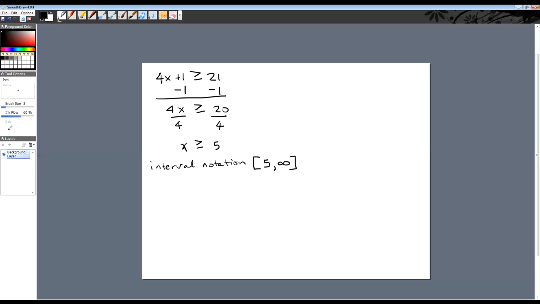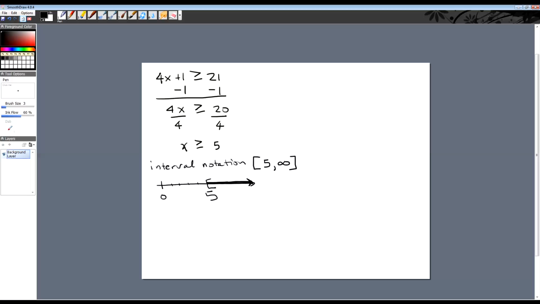Or in graph notation, zero, 1, 2, 3, 4, 5 with a bracket and then an arrow going all the way to the right. Now we're not going to talk a whole lot about these types of notations in class, but the book goes into great detail about them.